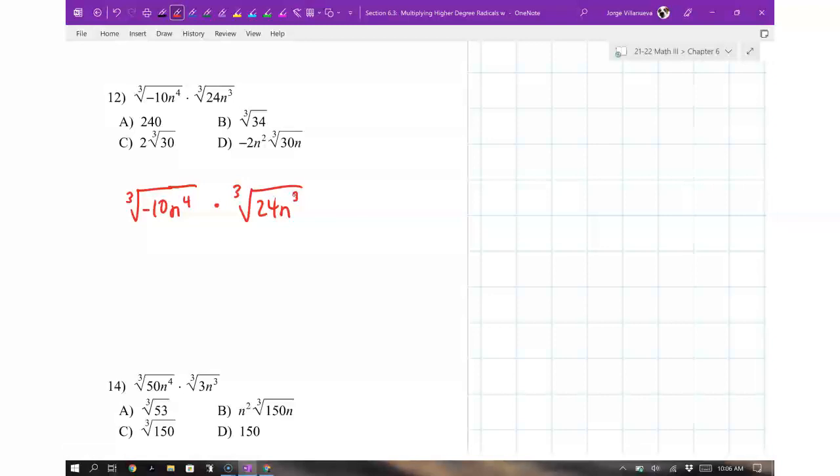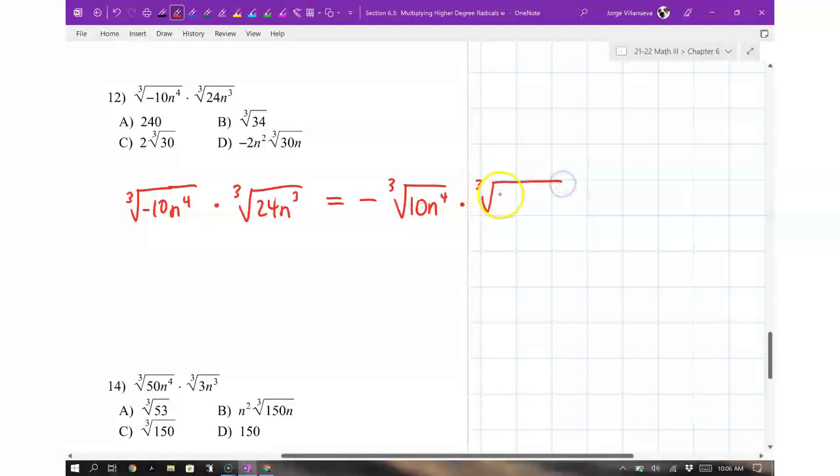Okay, first thing you should probably do is, you see how there's a negative in one of the cube roots? Take it out. So I'm going to make it negative cube root of 10n to the fourth, times cube root of 24n to the third.